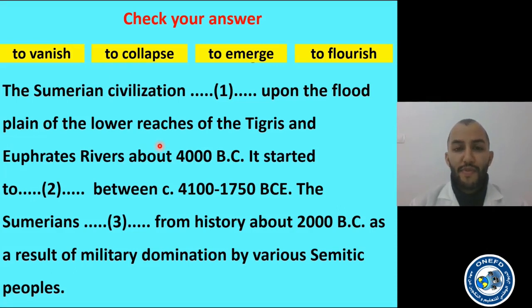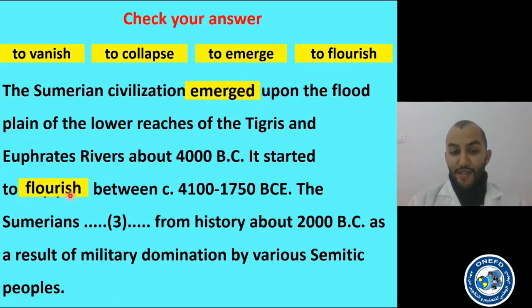Check your answer. So now let's check your answers. Let's start. The Sumerian civilization emerged upon the floodplain of the lower reaches of the Tigris and Euphrates rivers about 4000 BC. It started to flourish between 4100 and 1750 BCE.